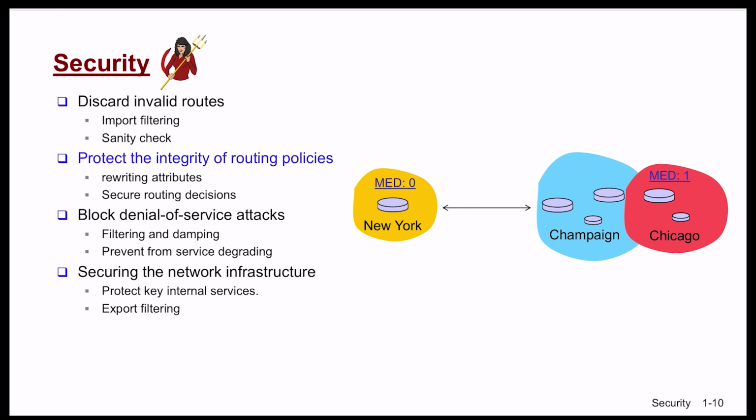To defend against violations of peering agreements, the ISP can configure the import policy to delete attributes or override them. For instance, the import policy could set all MED values to 0.